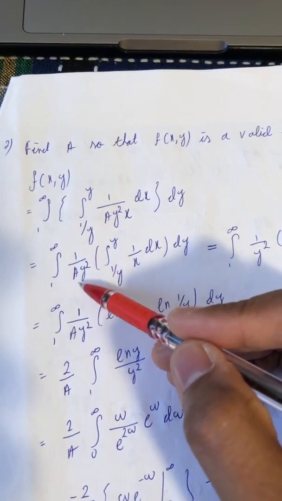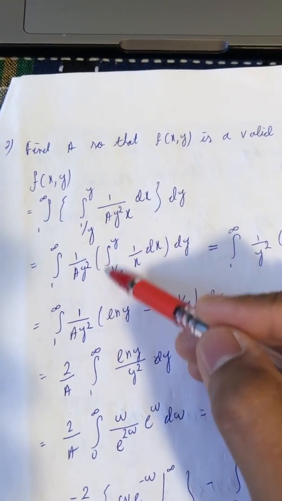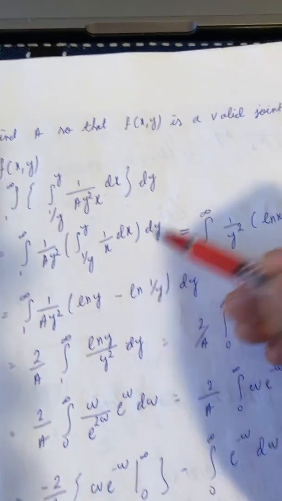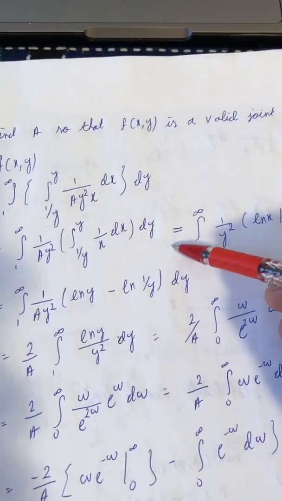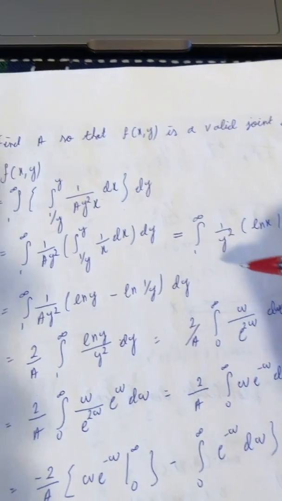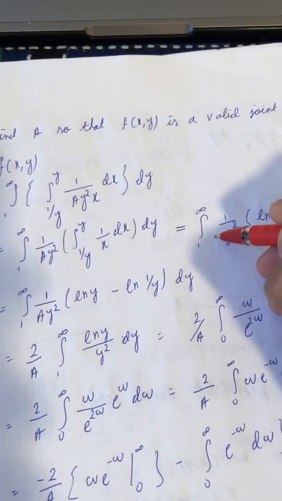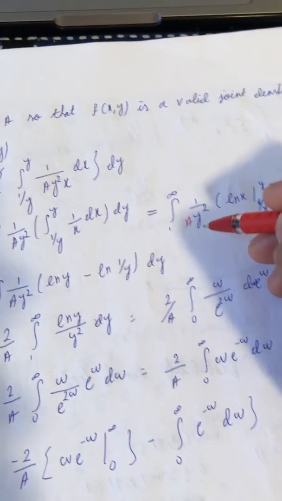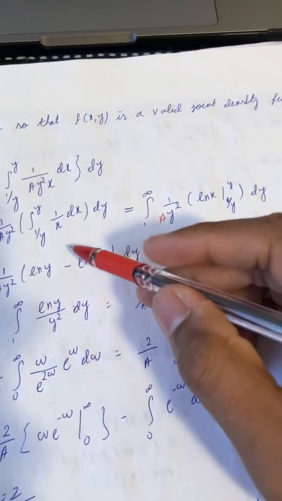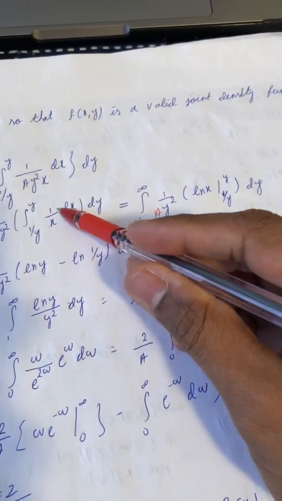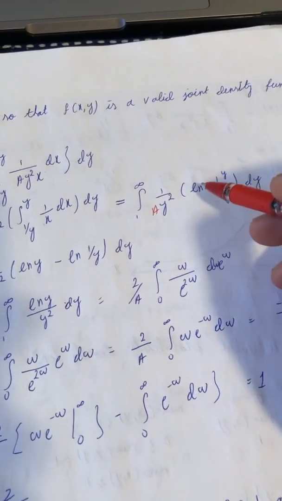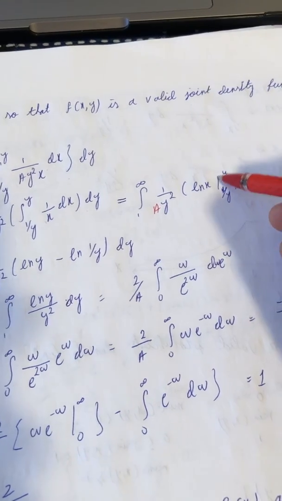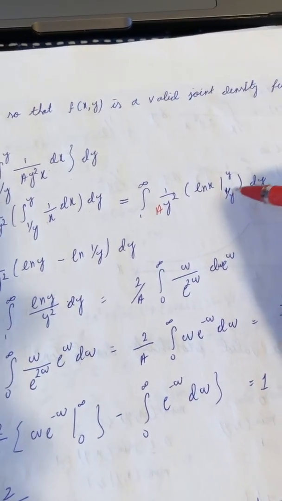So 1 by a y square, whole into the integration from 1 by y to y of 1 by x dx dy, which is equal to the integral from 1 to infinity of 1 by a y square, which is a constant, and we found the integration of 1 by x, which is natural log of x, varying from 1 by y to y. So the upper limit is y and the lower limit is 1 by y.